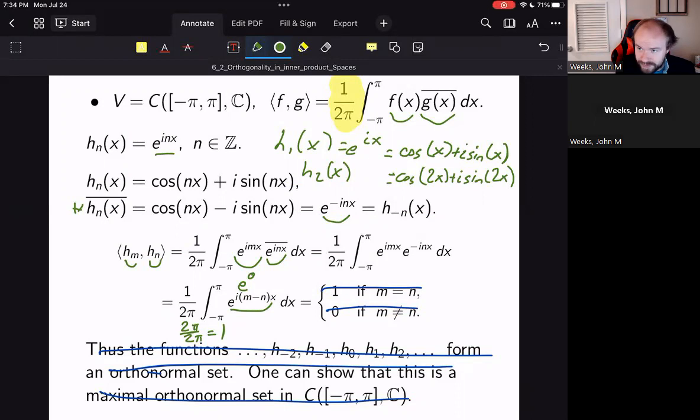Now, in general, if I'm not looking at this in terms of that, if I have, for example, something else that I want to integrate, then we can go through and check that the integral of cosine of some value, I won't call it m or n, I'll call it kx, plus i times sine of kx, going from negative pi to pi, whenever I go through and try and integrate this, what ends up happening is that this evaluates to be 0.